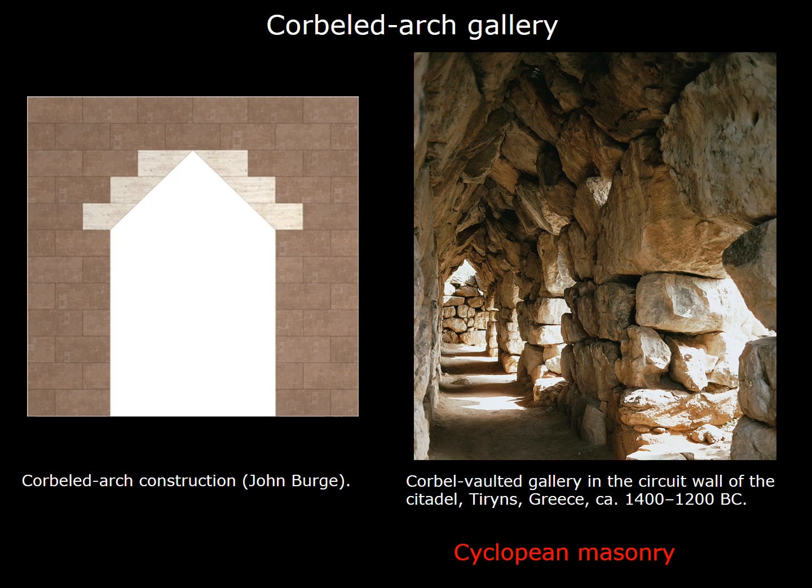There is no mortar used, as you can clearly see from the image on the right. So the vault is held in place only by the weight of the blocks and by the smaller stones used as wedges. In some instances, a little bit of clay might fill some of the empty areas, but pretty much it's the form of the block itself and the smaller pieces wedged in between.